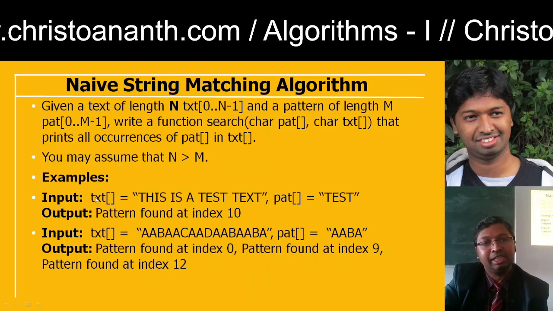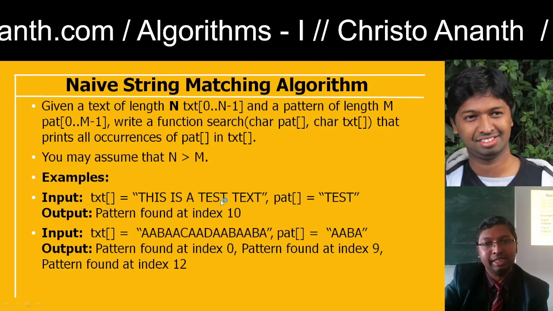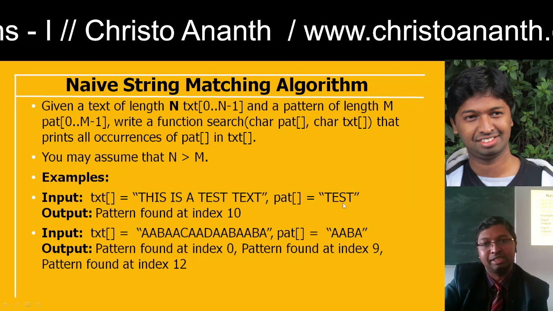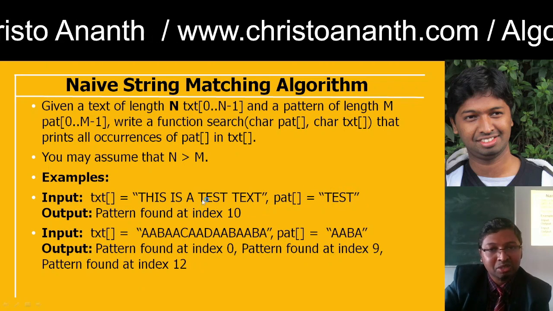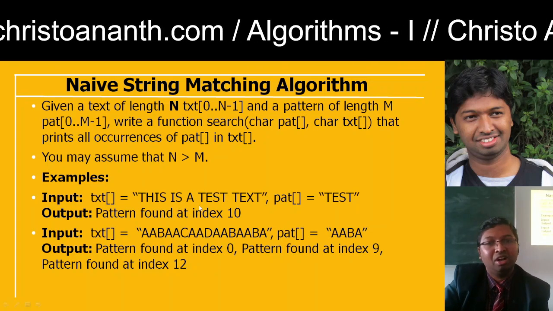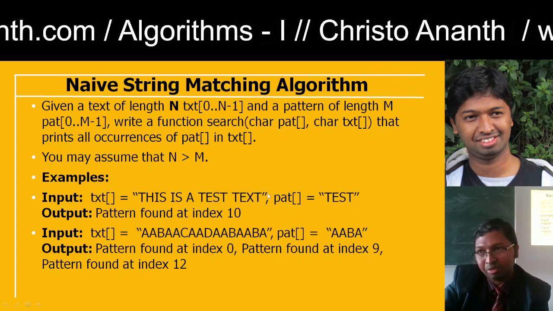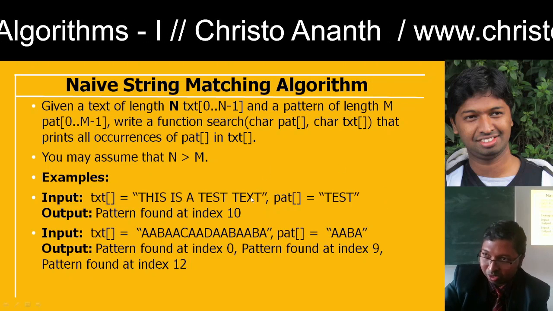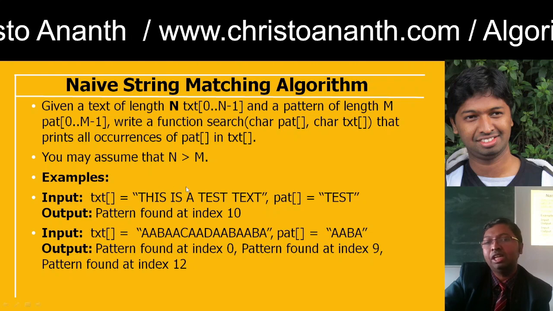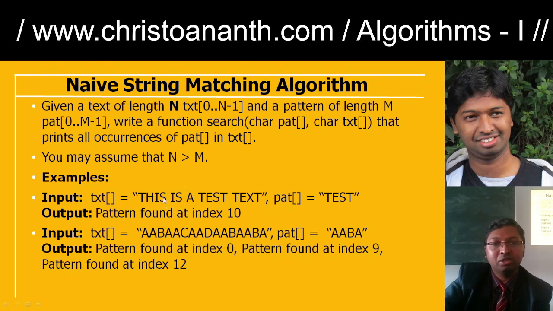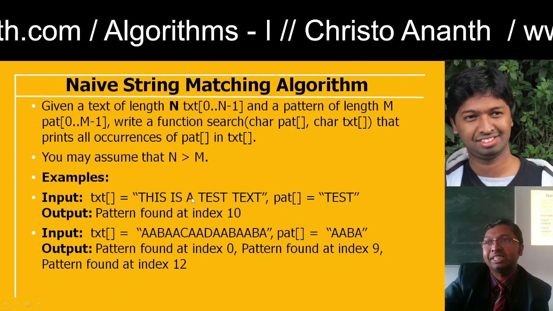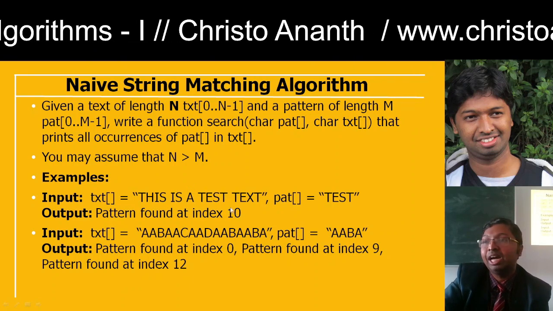Let us take a text, and the pattern is nothing but "test". First of all, the pattern should be part of the text, and if it is, then you find the location. Including the empty spaces up to here, you find the test, so that is the reason you get 10.